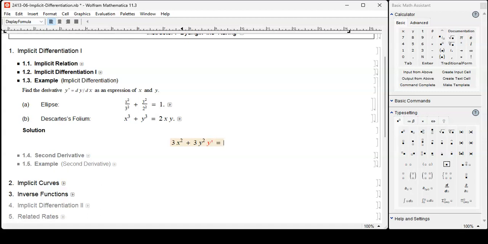And then what you have is a product rule, 2x times y. So the derivative of the first function is 2 times y. First function is 2x times the derivative of y. What is it? Just y prime, isn't it?